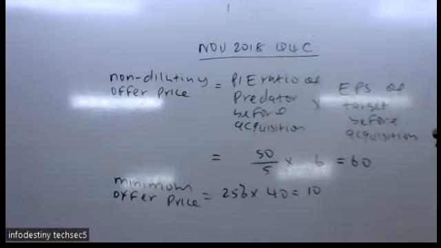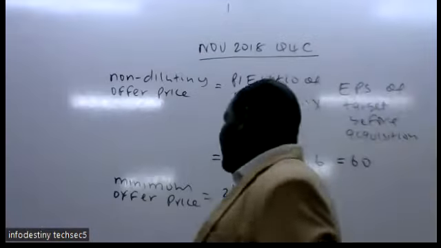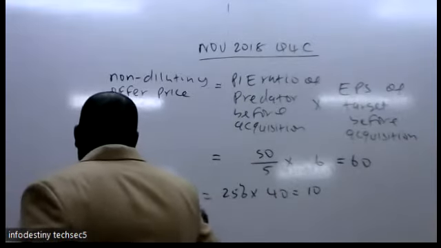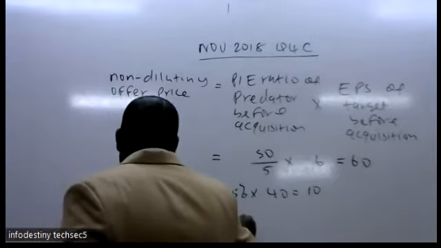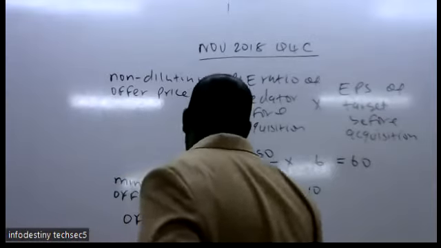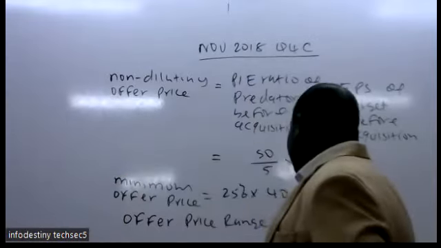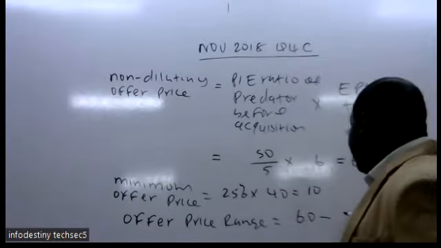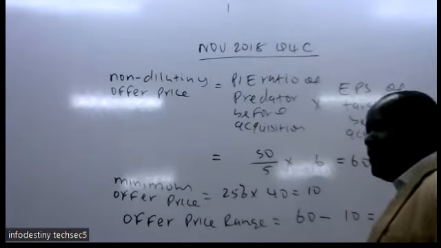So now we can get the offer price range. To get the offer price range, you simply take the non-diluting offer price, then subtract the minimum offer price.